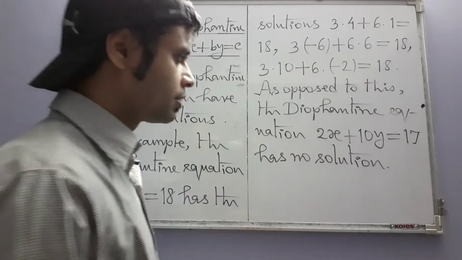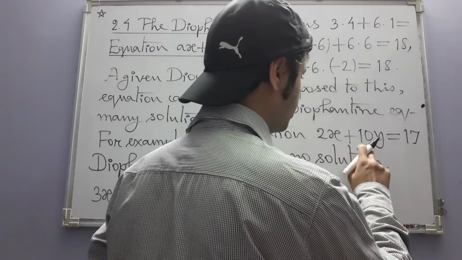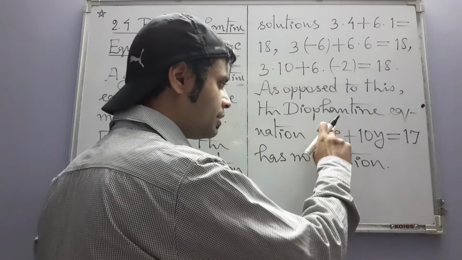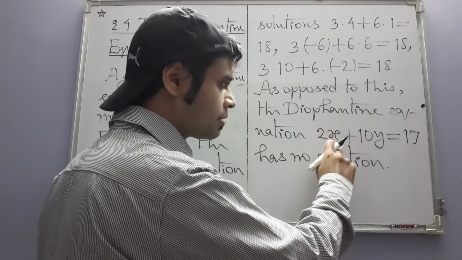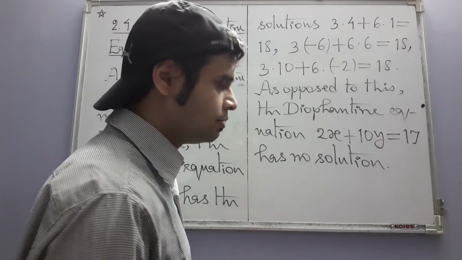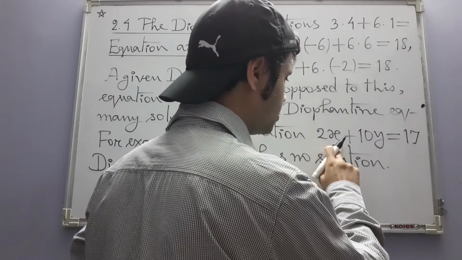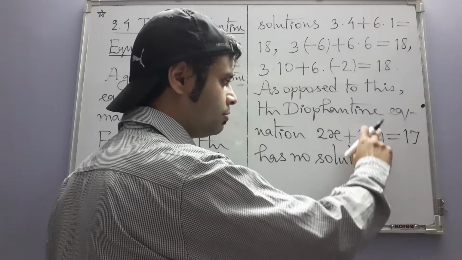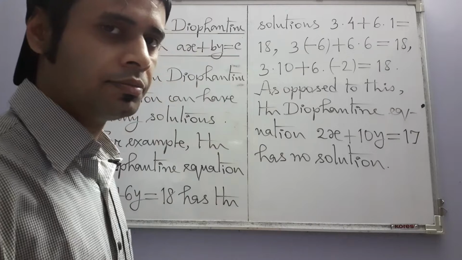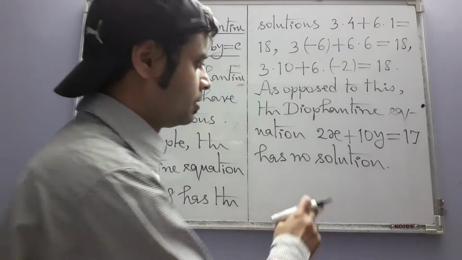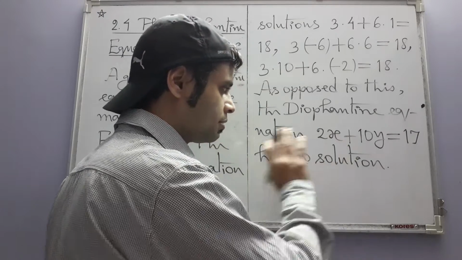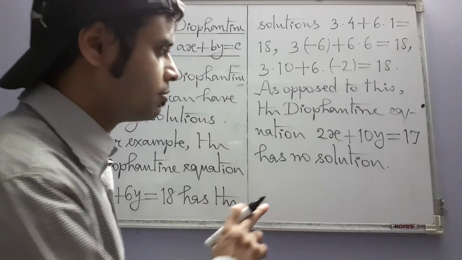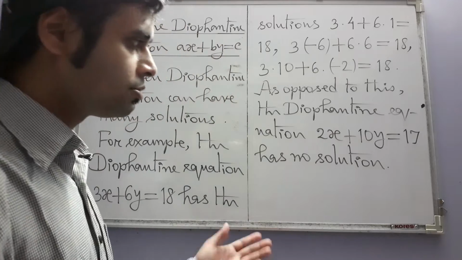It will have more than one solution. One of them is x equal to 17 divided by 2, with y equal to 0. Another easy solution would be x equal to 0 and y equal to 17 divided by 10. But these are not integers. If we restrict ourselves to the system of integers, that's what we do when we say Diophantine equation, then this has no solution. Do you see why?